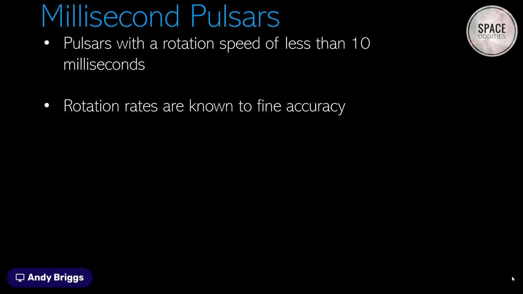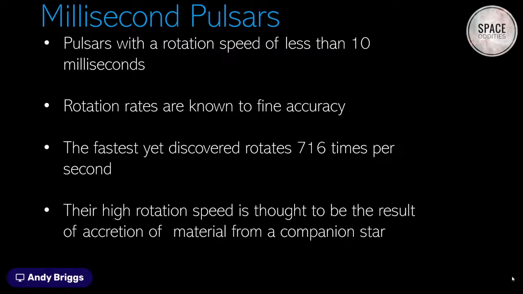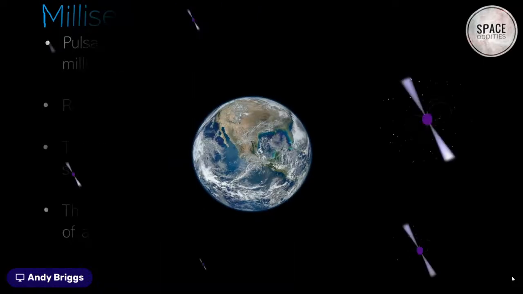In terms of timing, they rival the most accurate atomic clocks that we have. The fastest spinning millisecond pulsar yet discovered rotates at an amazing 716 times per second. They are thought to spin at that speed because they've been accumulating material from a companion star, which has the effect of speeding up their rotation. But the important thing here is that they are incredibly accurate clocks.